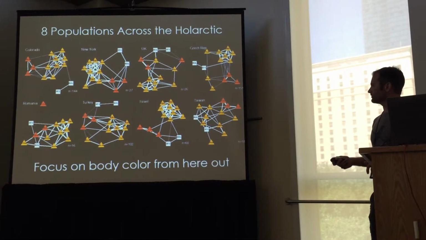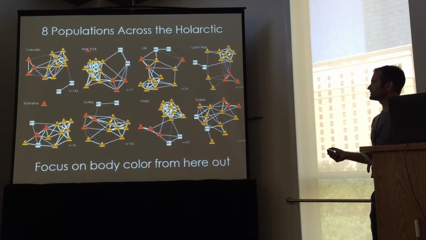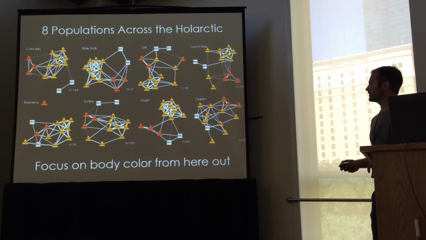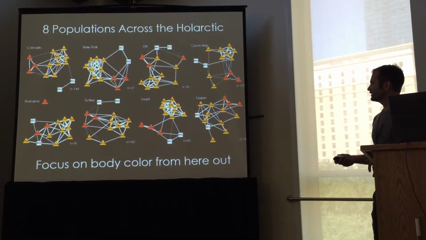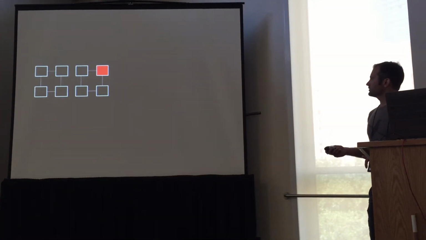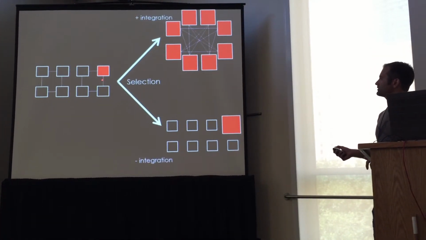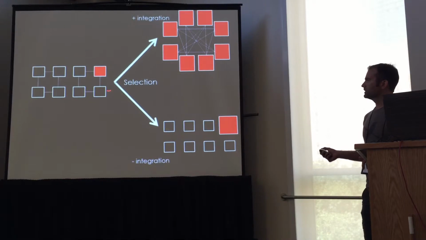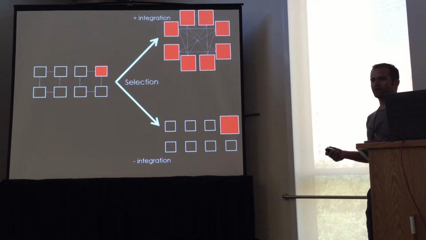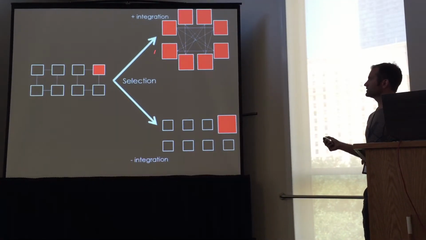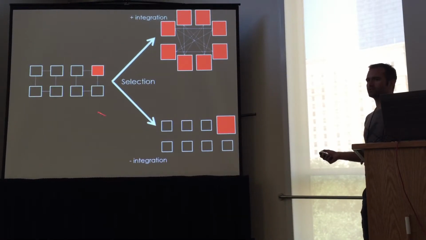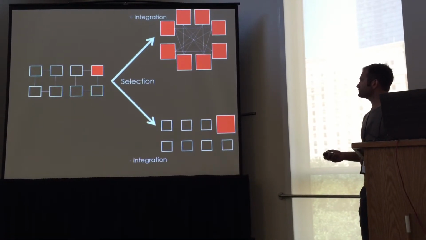So for now, I'm going to focus on the body, the main cluster in these networks, to look at integration. Just to remind you, we're interested in how divergent selection on body color could drive positive or negative integration.